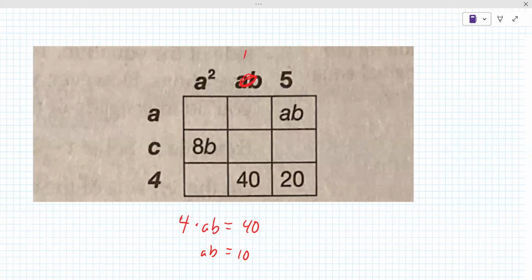This is really 10. Okay, so that's going to help us here. So we've got this is 10A now. This is 10C. And then this is 5C.